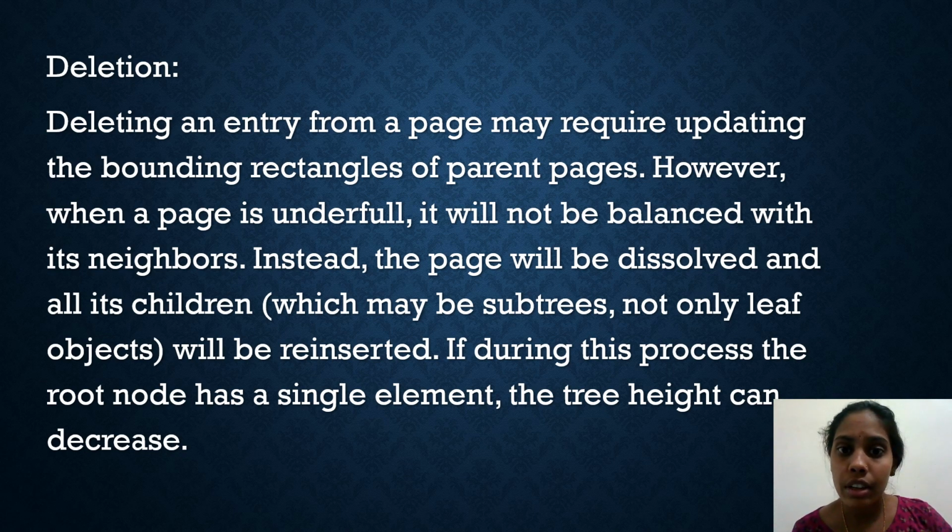Deleting an entry from a page may require updating the bounding rectangles of parent pages. However, when a page is underfull, it will not be balanced with neighbors. Instead, the page will be dissolved and all its children, which may be subtrees, not only leaf objects, will be reinserted. If during this process the root node has a single element, the height can be decreased.